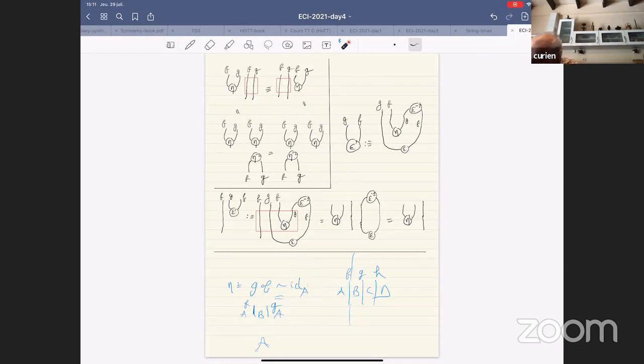Also, the other idea is that if I have something called the identity of A, it goes from A to A, it is really not worthwhile to draw a string for that. Okay, it doesn't make any good geometric sense. This should be nothing. This should be the whole space. Okay, so with this intuition in mind, it is natural to draw something like this.